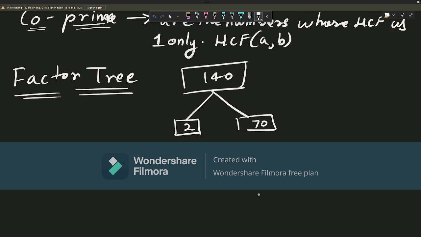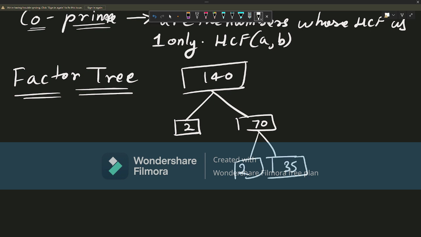Then below, 2 cannot have another factor. It is the smallest prime number. Now 70 has factors. Sorry, it should be 2 and 35.